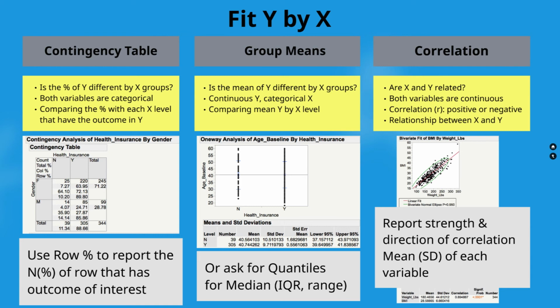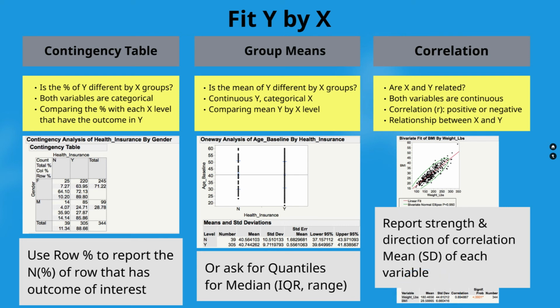With correlation, you want to report the strength and direction of correlation and the mean and standard deviation of each variable, which you should have already determined based upon your univariate analyses. So you would report here that the average weight was 180.5 pounds with a standard deviation of 44.6 pounds, and the mean BMI was 28.6, putting them in the obese category of BMI, with a standard deviation of 6.7 on the BMI scale.